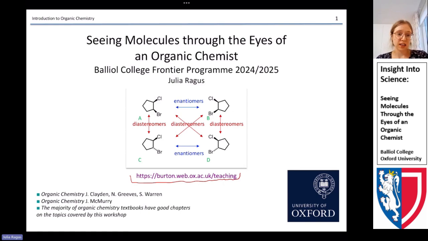In terms of any textbooks that you might want to follow, usually at Oxford we recommend Organic Chemistry by Jonathan Clayden. But I would find Organic Chemistry by John McMurry much easier. In fact, that was the book that I used to carry me from a very limited A-level knowledge up to the first year university knowledge.